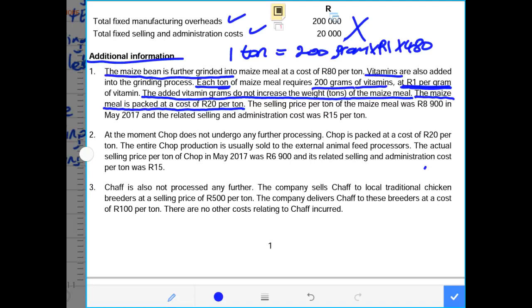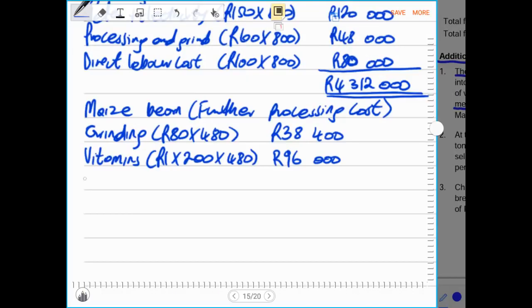After these products have been processed jointly, there is another cost that we incur in order to package the product, meaning this is the packaging cost of 20 Rand per ton. So we also need to take this into account because it is the cost that we incur to process this maize bean further.